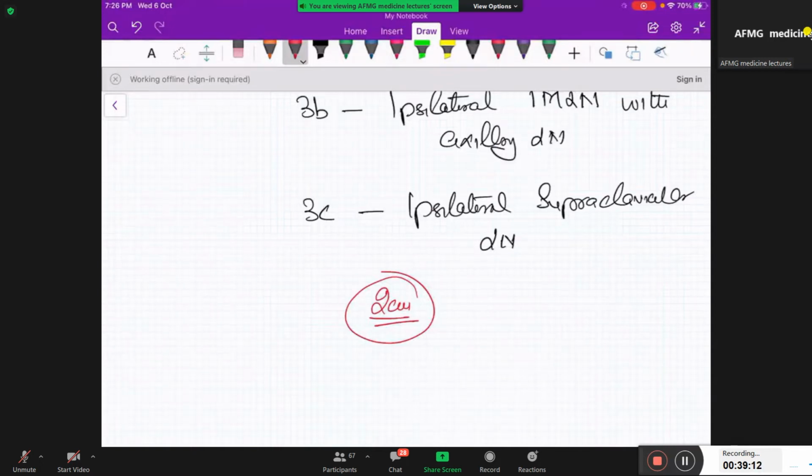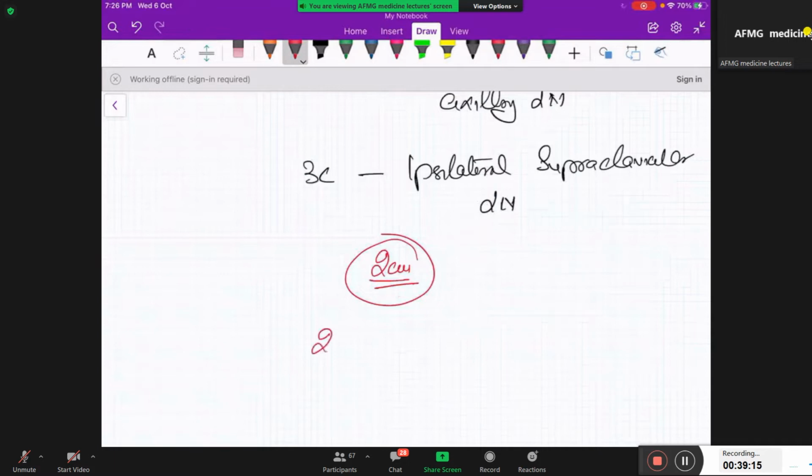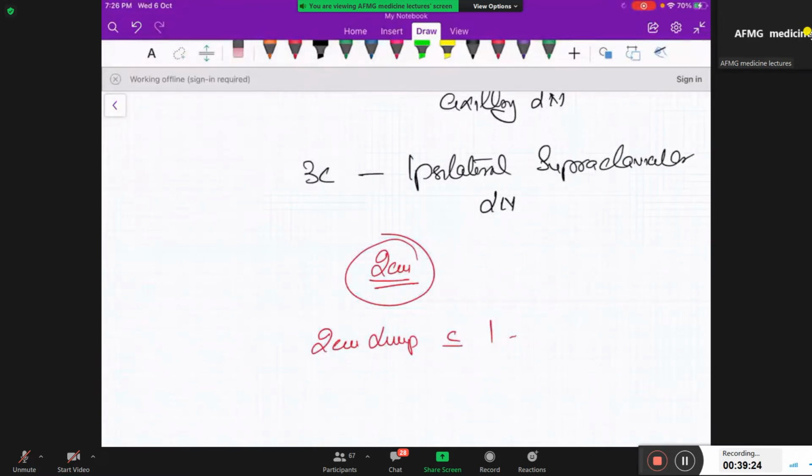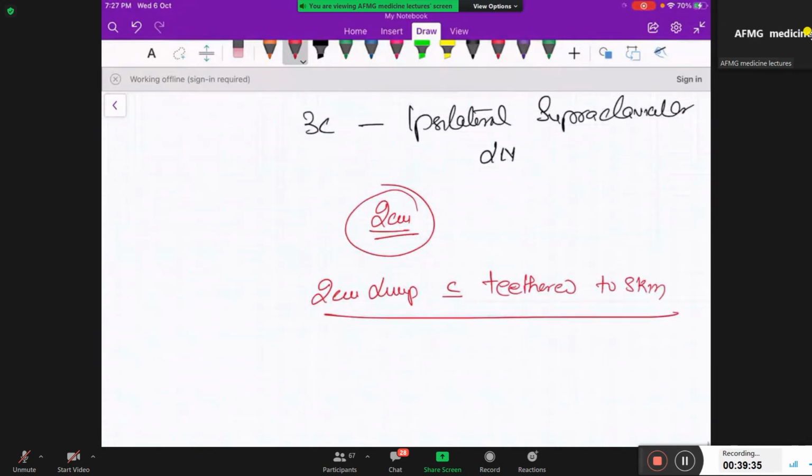Then imagine a patient comes to you with a 2 centimeter lump in the breast which is tethered to skin. These are very important points. T4B? You are absolutely wrong.